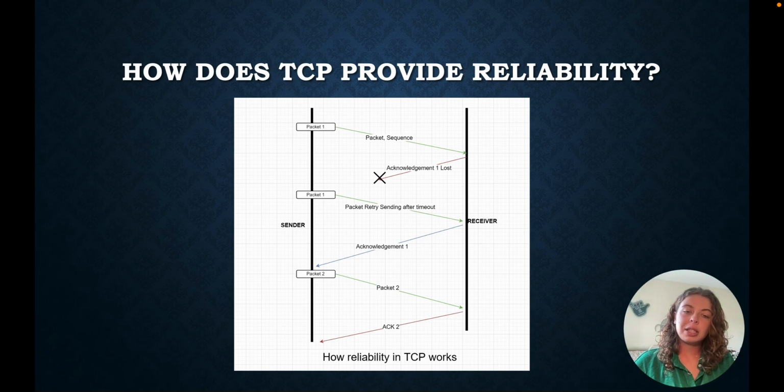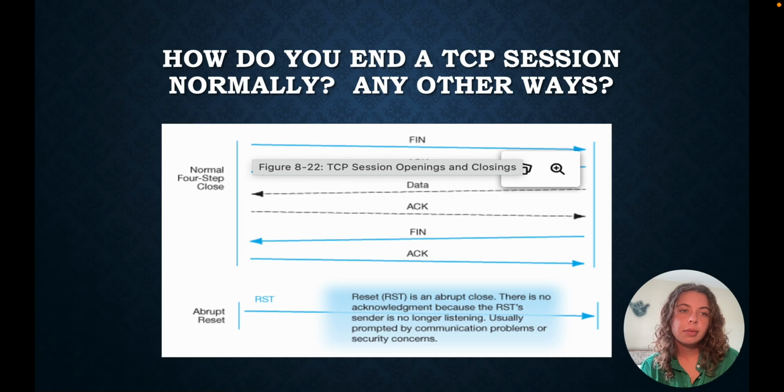Third, we have retransmission, which resends lost or corrupted packets. Fourth, we have checksums, which verify our data integrity. Fifth, we have flow control, which prevents overwhelming the receiver. And lastly, we have congestion control, which manages network traffic to avoid packet loss.